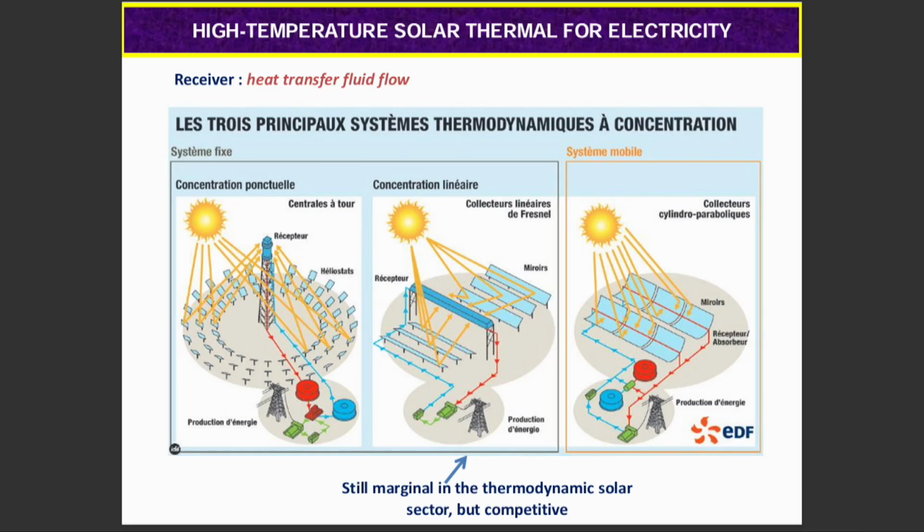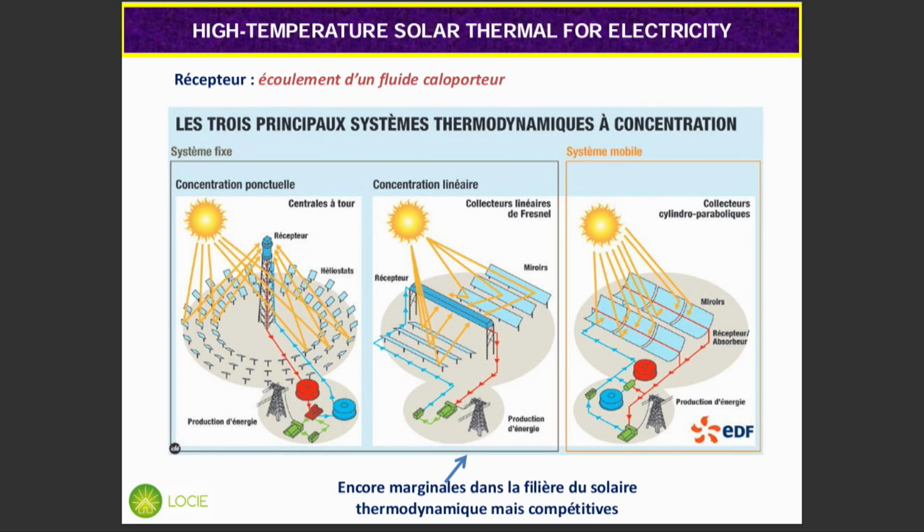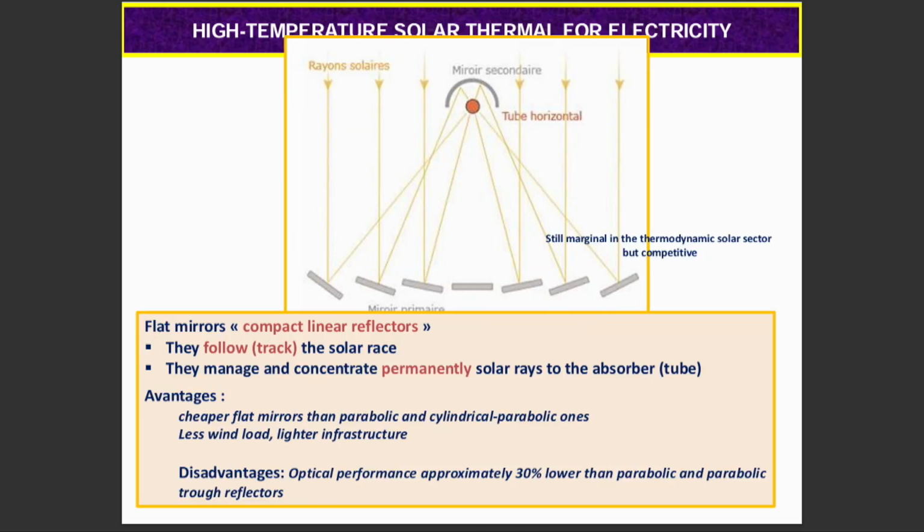Okay, so whatever you have, a Fresnel. So Fresnel is some mirrors that are reflecting to a horizontal focus. There is also some industrial application of that, and you have a cylindro-parabolic collector.